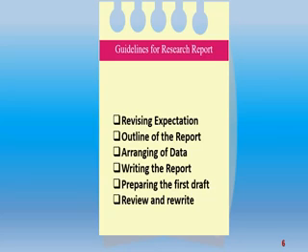Next, writing the report. Once the researcher has completed points number 1, 2 and 3 discussed previously, he or she should start writing the report. The report shall start with a cover page spelling out the title of the project, the names of the authors, that is the researchers of the report, and their affiliation.